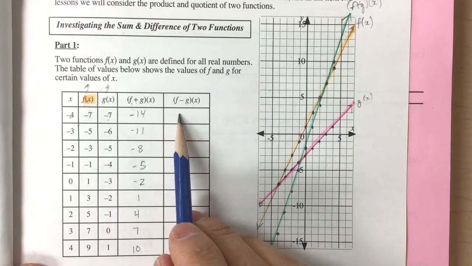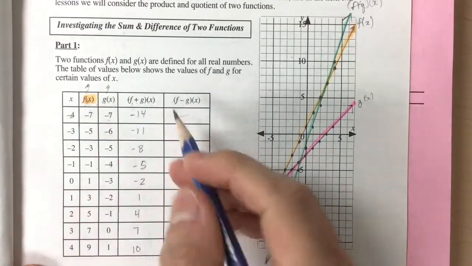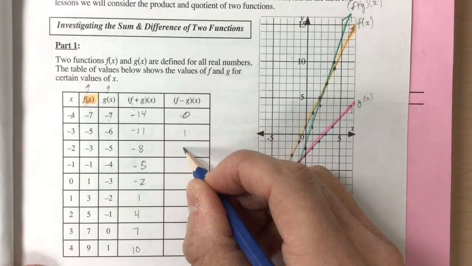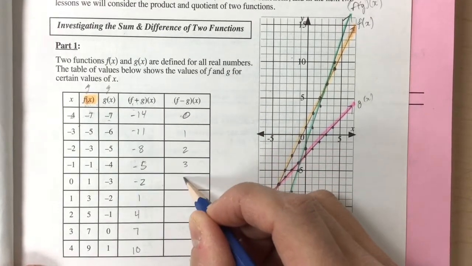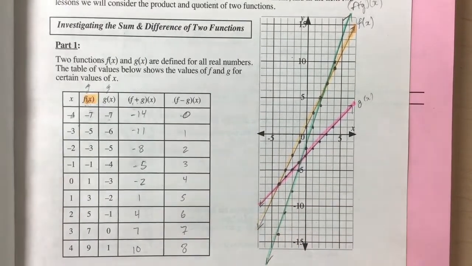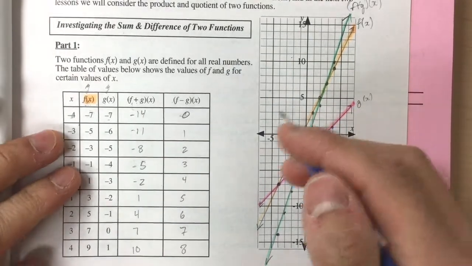Now I need to determine f minus g of x. So all I'm doing is subtracting f and g from each other. So that will be 0, 1, 2, 3, 4, 5, 6, 7, 8. This line will be fairly easy to plot.